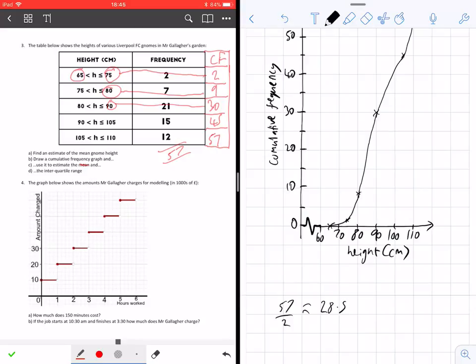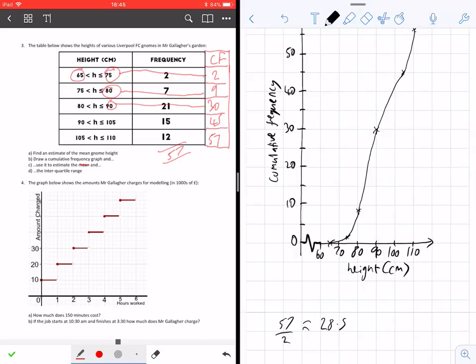So I'm going to read across on the y-axis at 28.5, obviously very roughly on mine. It's kind of about there-ish, I suppose. Read across, and I'm going to read down, and okay, it looks something like 88 on mine, give or take.